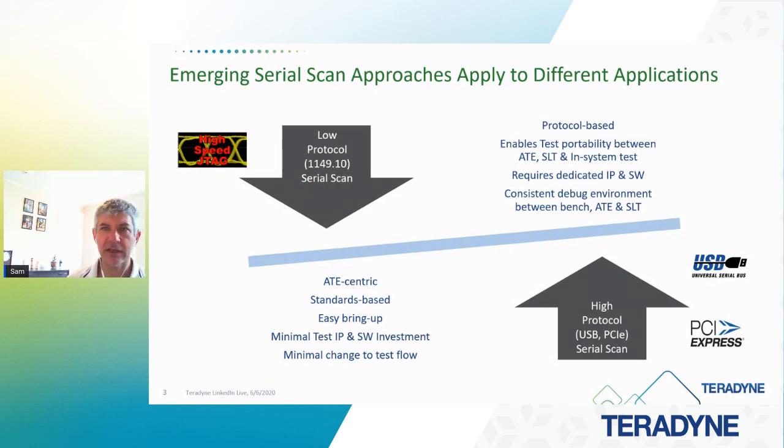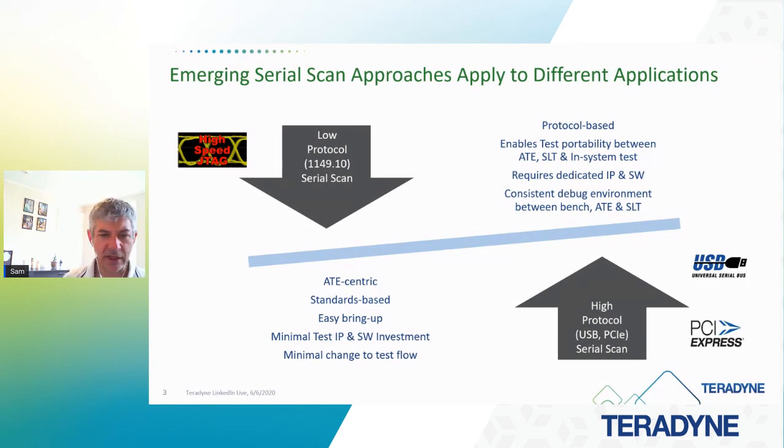So low protocol scan tends to be very ATE centric. It works very well with a standardized interface like JTAG did. It has easy bring up on the tester. It generally requires minimal IP and software investment. The controller you put in to distribute your scan chains is a relatively simple piece of logic. And it has minimal changes to the test flow, primarily around mapping virtual chains to logical chains, which requires some additional challenges.